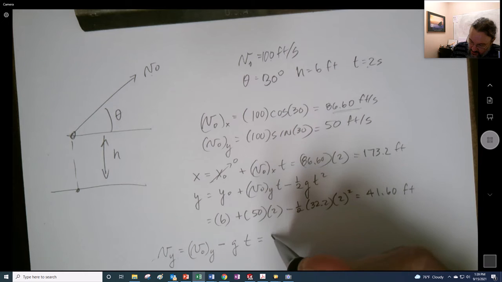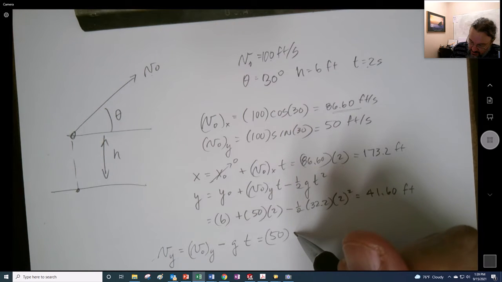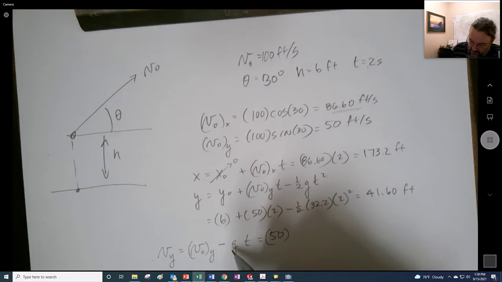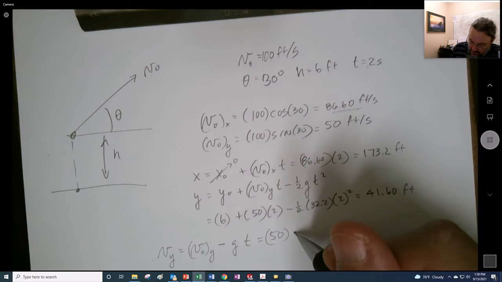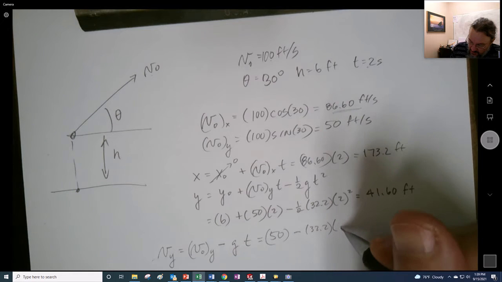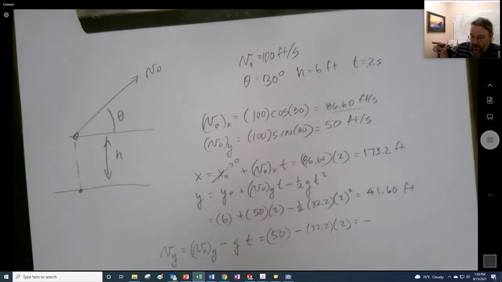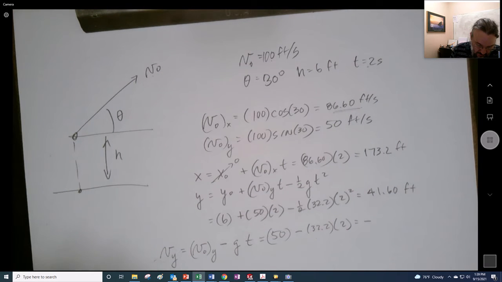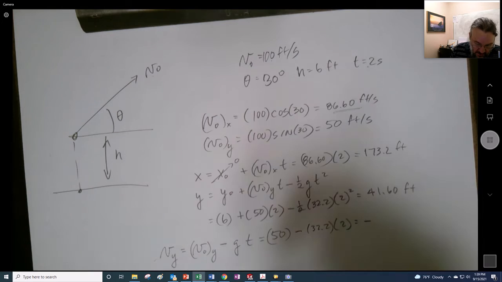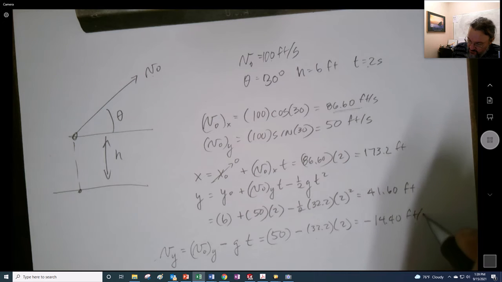So 50 minus 32.2 times 2 gives a negative number, negative 14.40 feet per second, because it's coming back down towards the ground, past the crest.